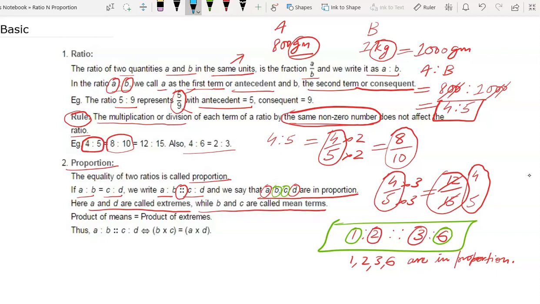Now it says product of means is equal to product of extremes. A is to B is equal to C is to D, then B into C is equal to A into D. Now if we take this example, we have 1 by 2 is equal to 3 by 6. So if we cross multiply, 6 ones are 6 is equal to 2 into 3, 2 threes are 6.